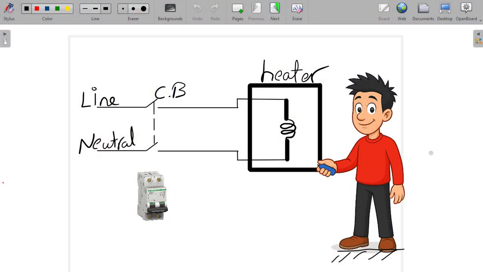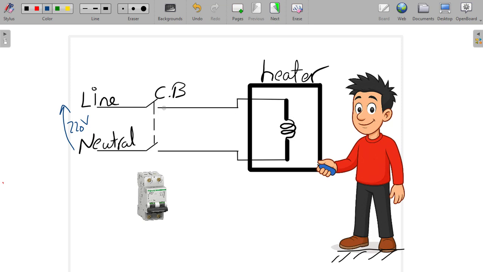Let's see this example to understand exactly what is happening. Here, as you can see, we have our power source, line, and neutral. Let's say that, for example, this power source is 220 volt. And we have here a circuit breaker, miniature circuit breaker. And also we have the load, which is a heater.